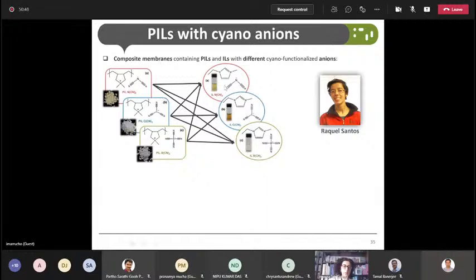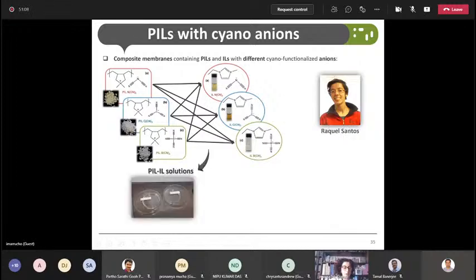The same ionic liquid was added to the same membrane with the same anion, but mixtures were also done in order to see if it was important to keep the chemical structure, or if it was just the chemistry that mattered for the membrane stability. And this work was done by Raquel Santos, who worked in our group.